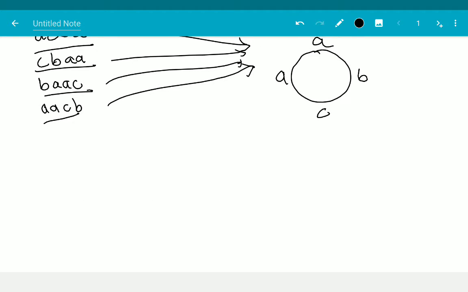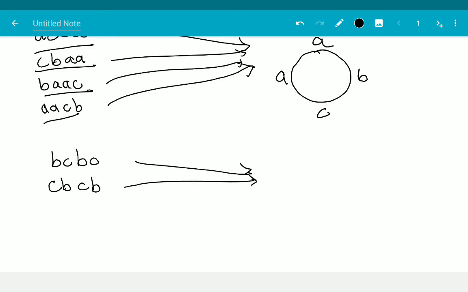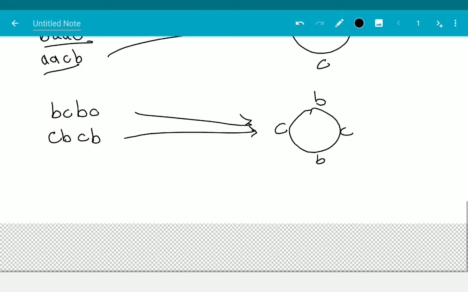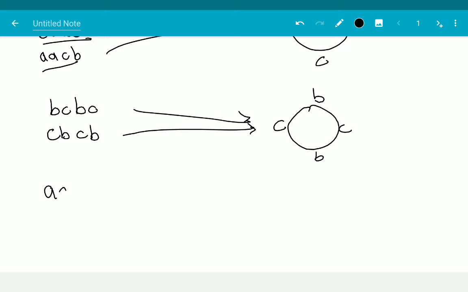Compared to that, for BCBC, I only have 2 choices: BCBC and CBCB. Both of these are getting mapped to BC, and for AAAA, my only choice is actually AAAA. No other permutation is going to get mapped to AAAA.